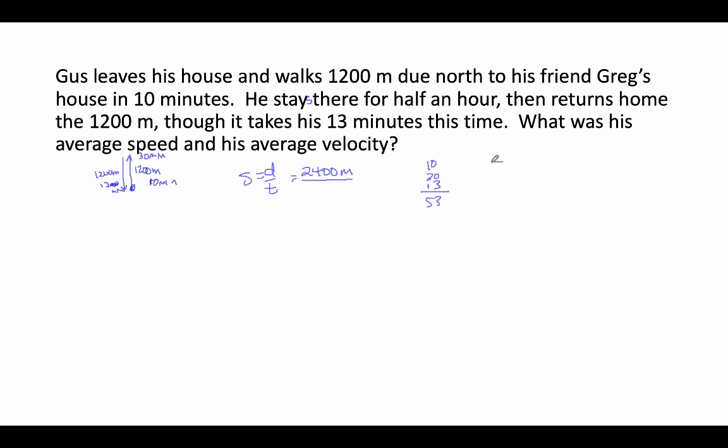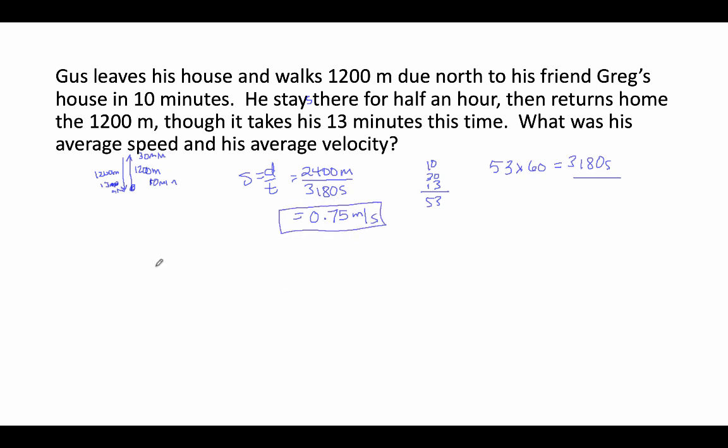We're going to multiply that by 60 to get it in seconds. We'll get this into meters per second. So 53 times 60 is 3180, so that many seconds is what we're going to use. And so our speed ends up being 0.7547, so 0.75 meters per second.